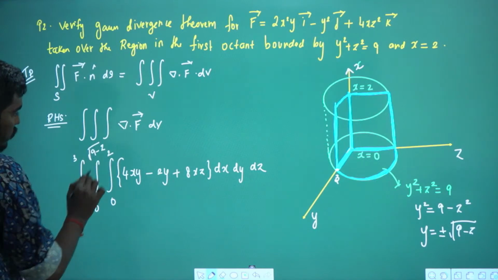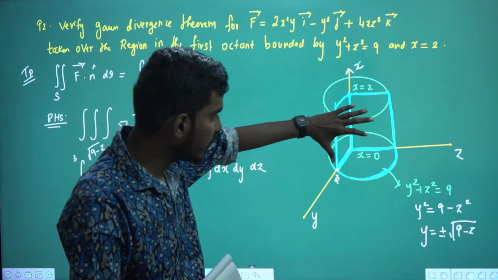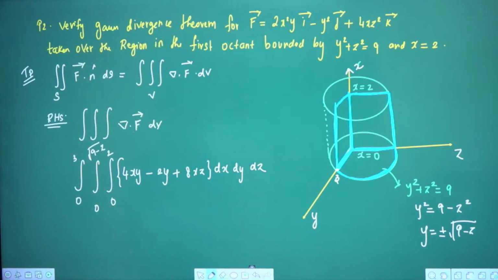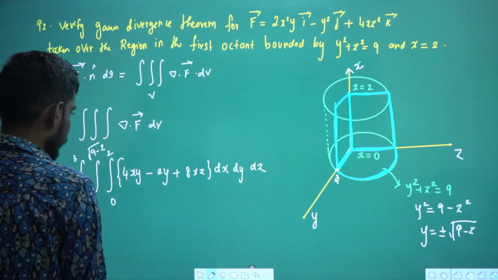Usually we will write plus or minus, but in the first octant x is positive, y is positive, z is positive. Now you have to evaluate this integral: the integration of 4xy minus 2y plus 8xz dx dy dz. You just have to integrate this with respect to x, y and z.